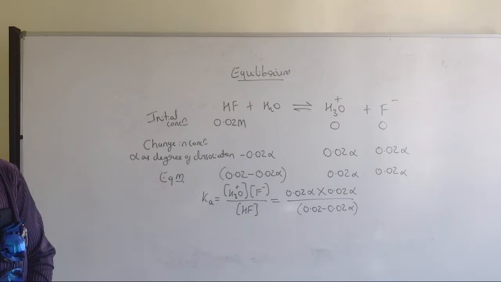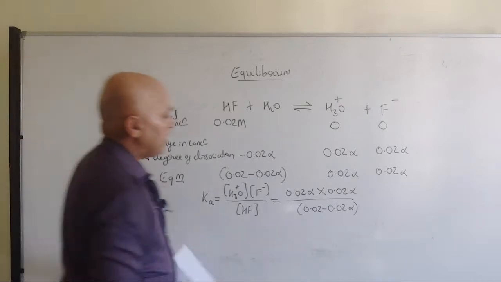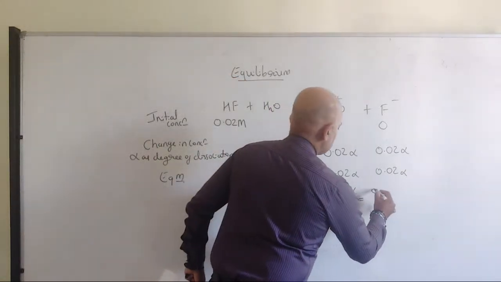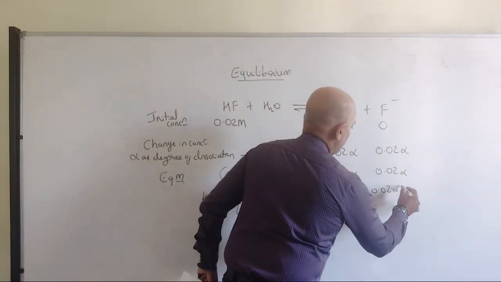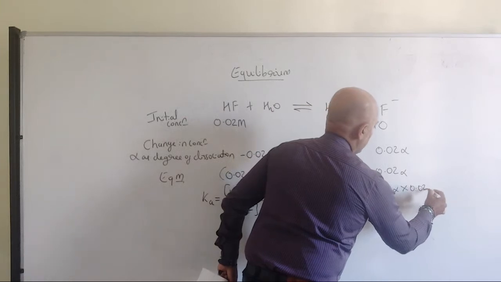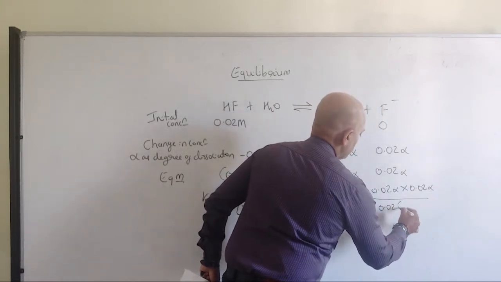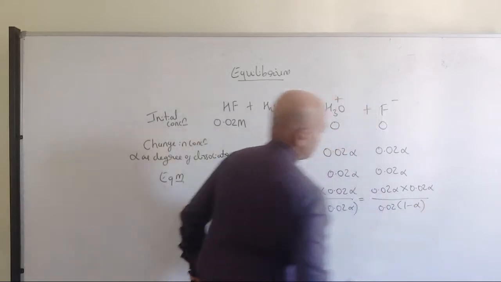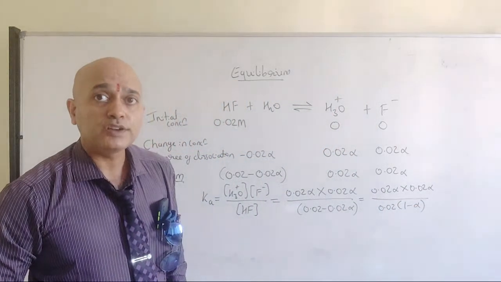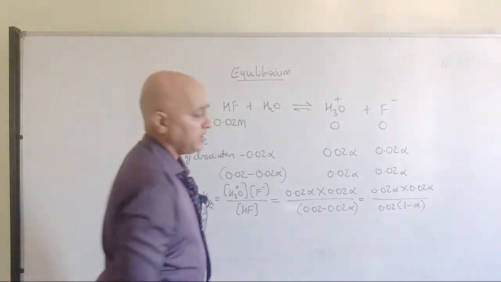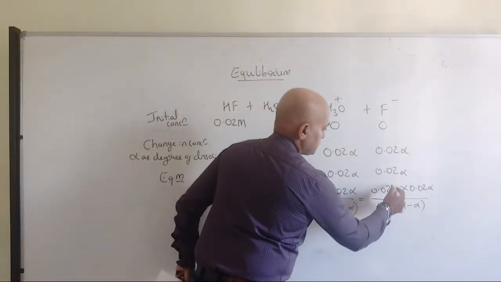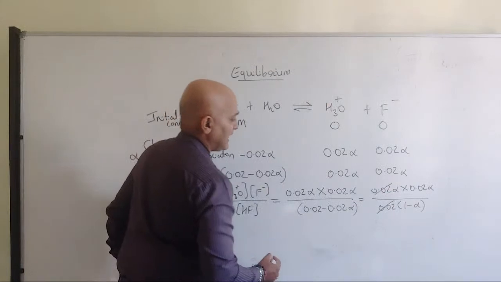Now what I can write here is 0.02 alpha multiplied by 0.02 alpha divided by 0.02 times (1 minus alpha). I have taken 0.02 as common in the denominator, so 0.02 and 0.02 will get cancelled.